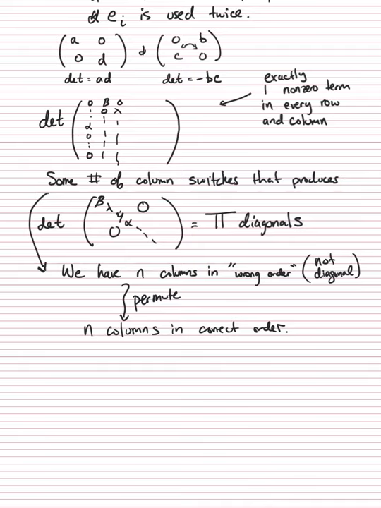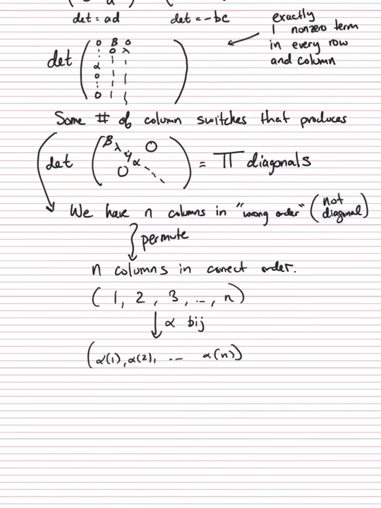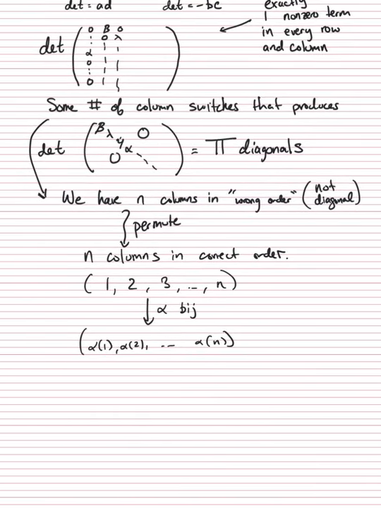So what happens here, I'm going to identify the columns with 1 through n. Then we have a bijection to alpha 1, alpha 2, up through alpha n. And we want to write this in terms of column switches.